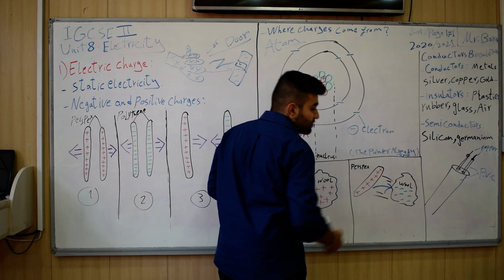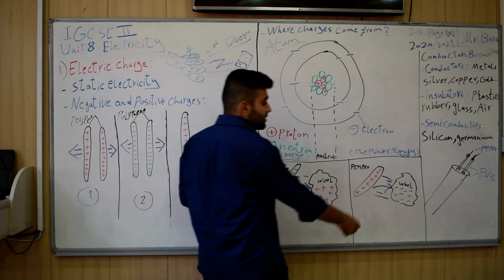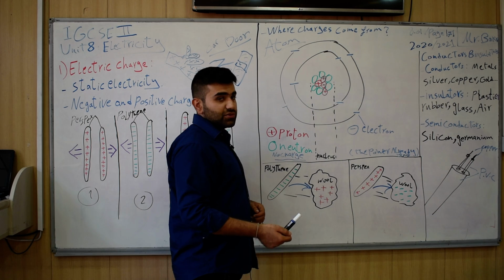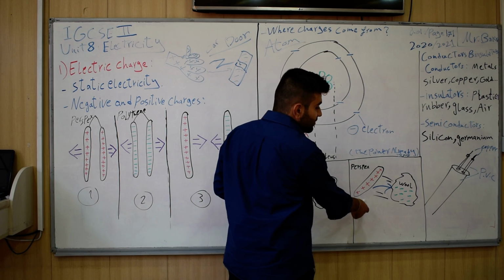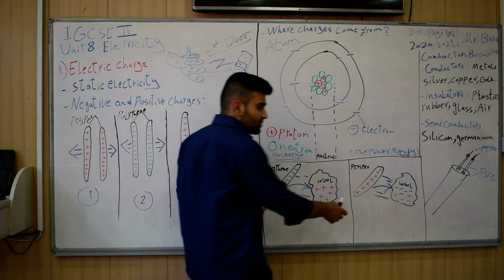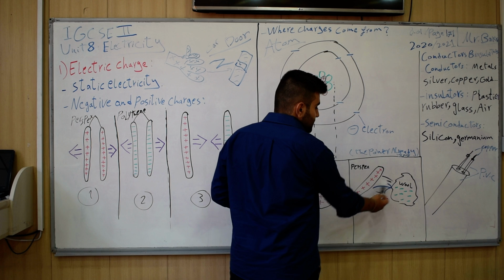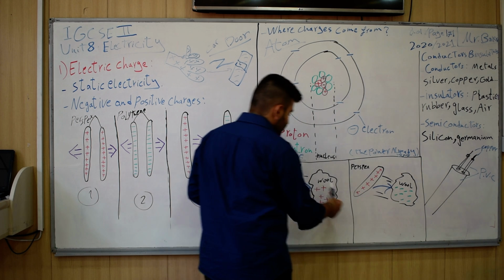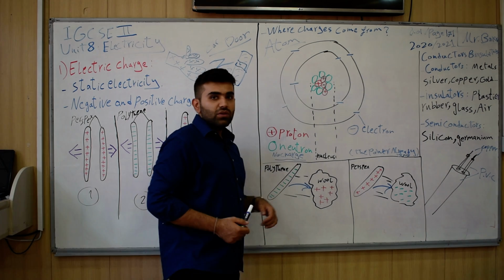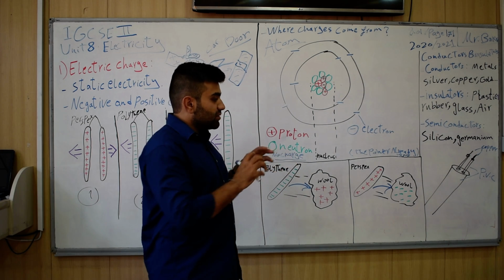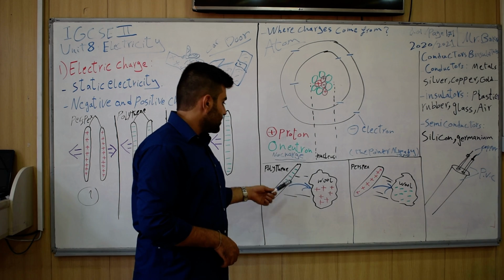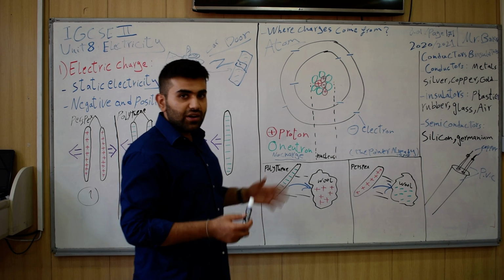If it is full of positive charges and we rub it with the wall, the wall will have more negative than usual, and the perspex will have more positive than usual. Also the electrons will move there, and here the electrons will go there, or the positive charges will go there. So when the electrons are moved, the negative ones are focused here, and here in the polythene are focused also.